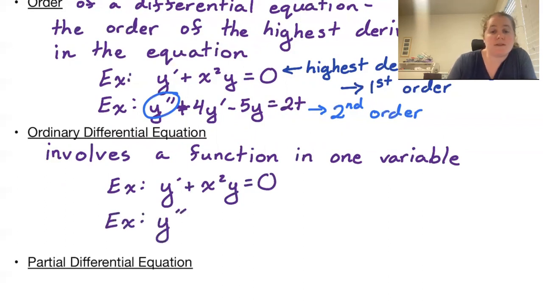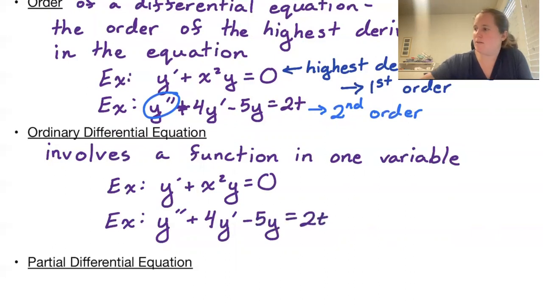So our y prime plus x squared y equals 0 is an ordinary differential equation, as is y double prime plus 4y prime minus 5y equaling 2t.